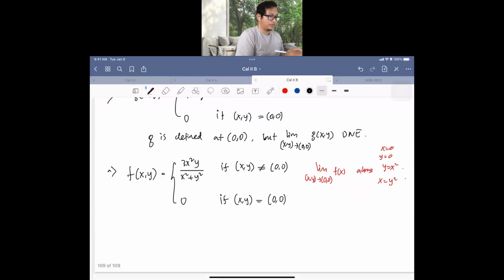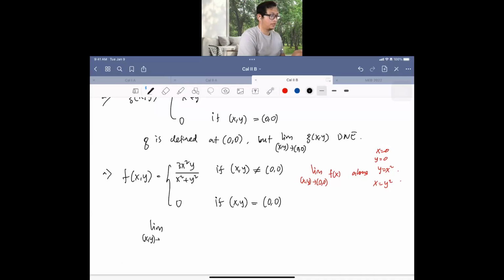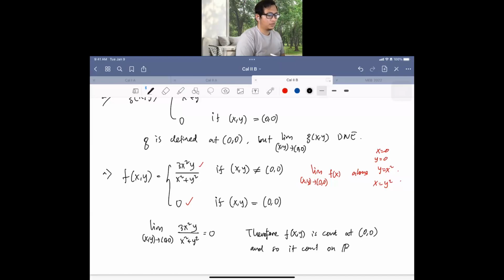So the limit equals 0, and the function value also equals 0, and we can say that therefore f is continuous at 0, 0, and so it is continuous on the real numbers and on the surface.